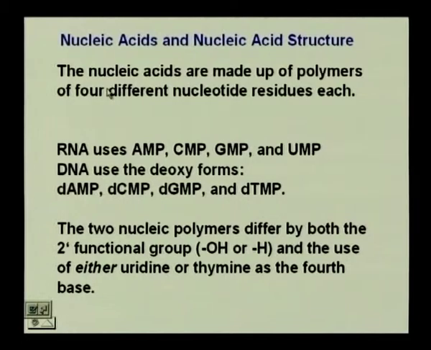The nucleic acids are made of polymers. They are extremely important in determining how proteins are formed from nucleic acid structure. We have the central dogma of biology, which is DNA to RNA to protein. So, an understanding of the nucleic acid structure and what comprises it is extremely important in understanding how the specific reactions take place.